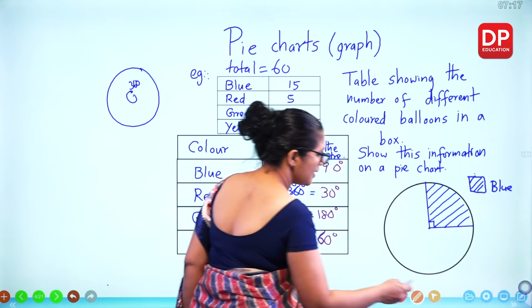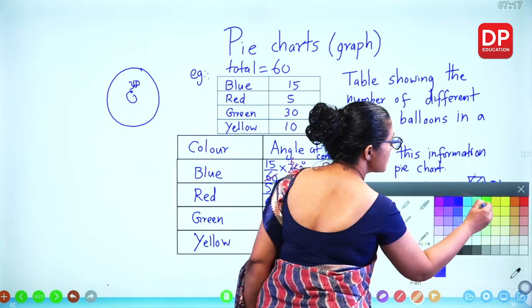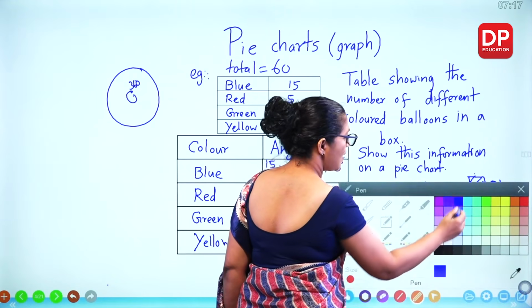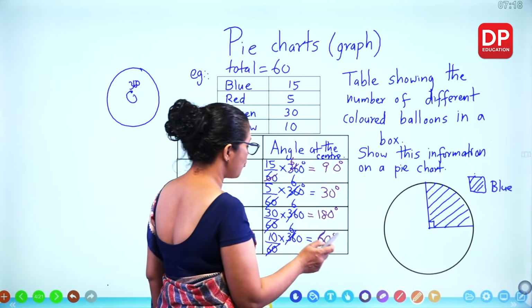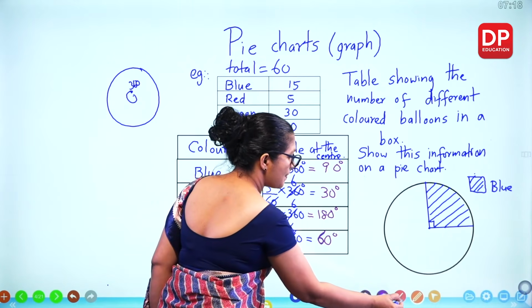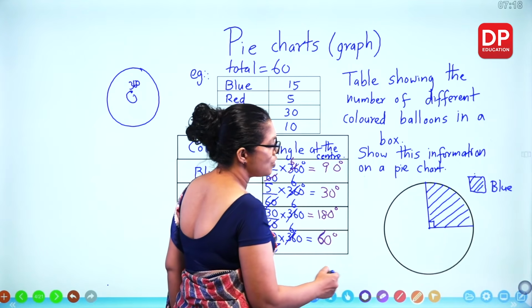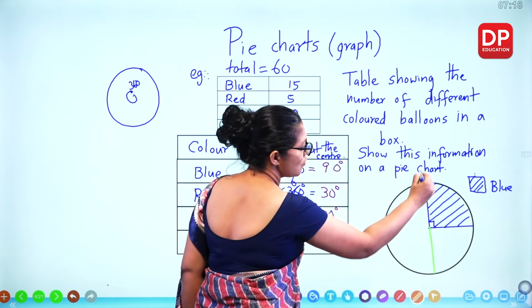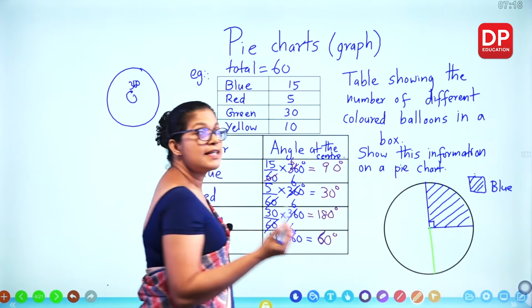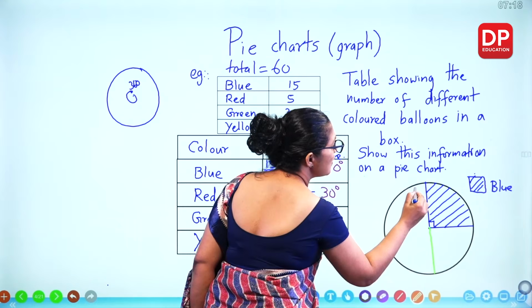So I'll take green color one, because I need to draw 180. So here what can I do? I can either extend this line. So this is 180. That's a semicircle. So I can mark this with any symbol.